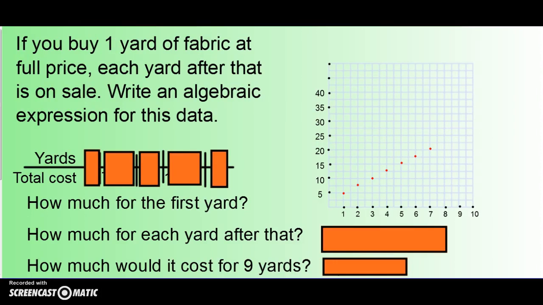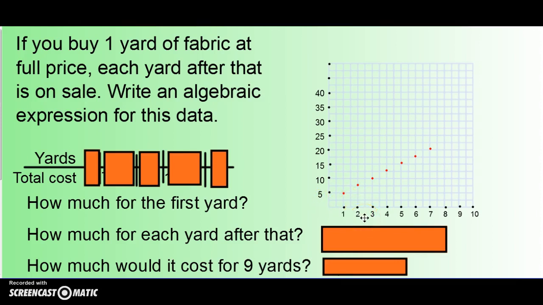All right, so this example is just a little more complicated, but notice the graph. It says if you buy 1 yard of fabric at full price, each yard after that is on sale. Write an algebraic expression for this data. Notice the first yard is $5.